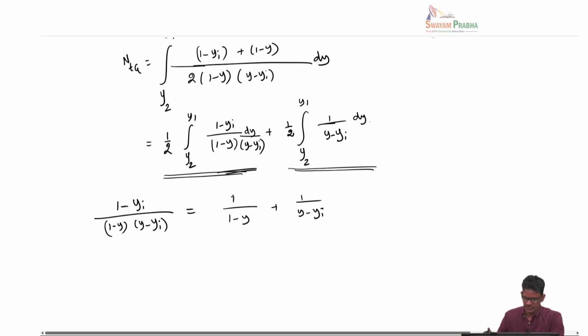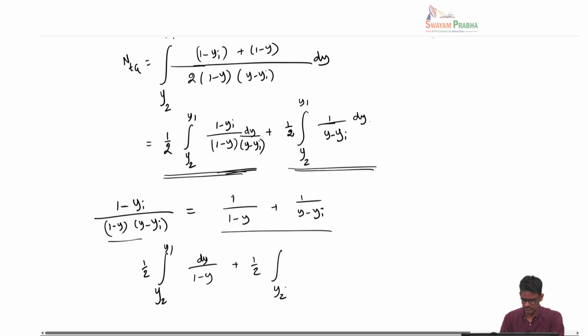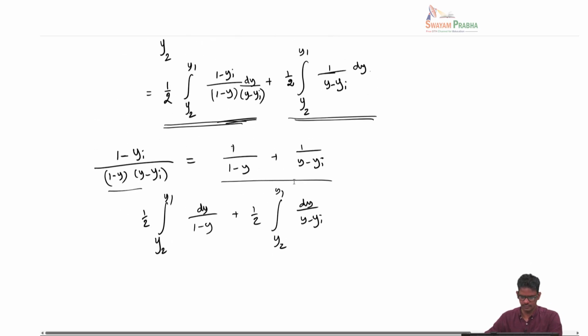If you separate this term with the partial fraction, you can show that this entire term can be written as a sum of two terms, and now I can do this integral easily. I am just talking about the integral of only this term, and this term remains.